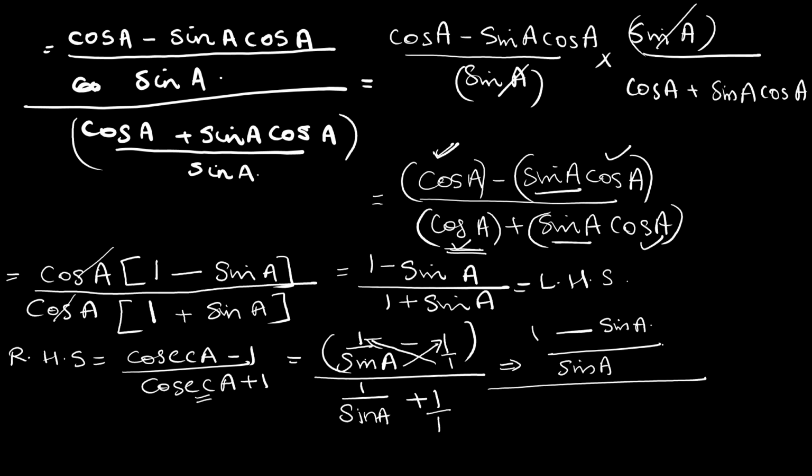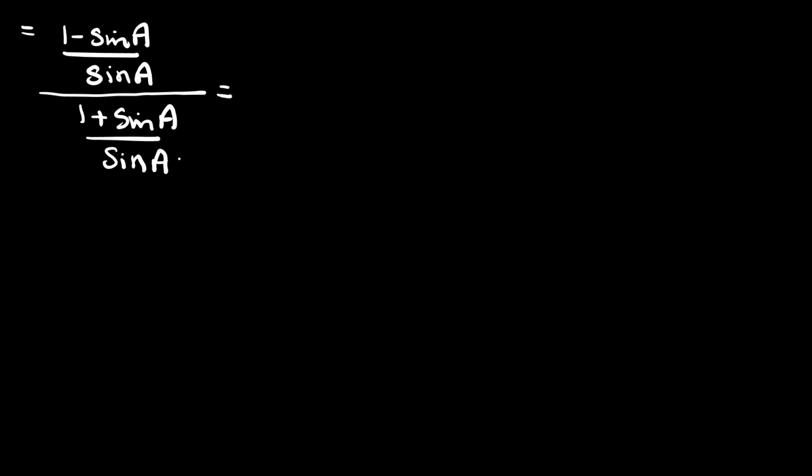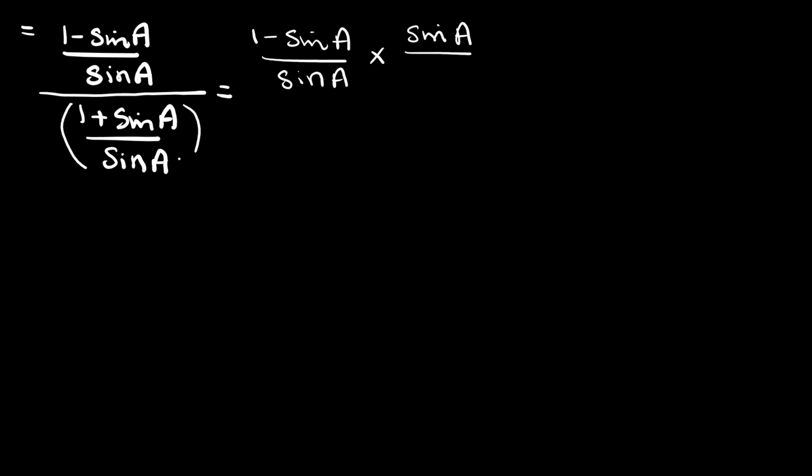Now the LCM is sin A. Here it is 1 into 1 plus sin A plus 1, sin A into 1, that is sin A. Now this is equal to 1 minus sin A divided by sin A, into, when we multiply this denominator we take the reciprocal, that is sin A divided by 1 plus sin A. This term is the reciprocal of this denominator.